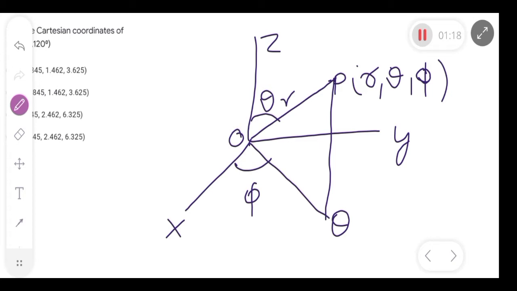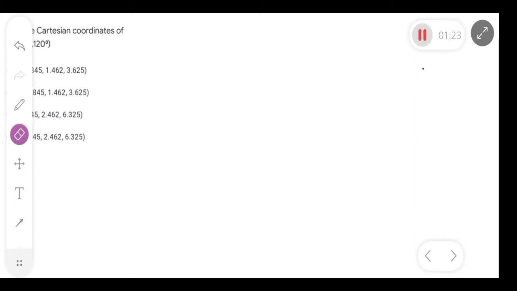Now we have four formulas on the basis of the relation between spherical coordinate and Cartesian coordinate.